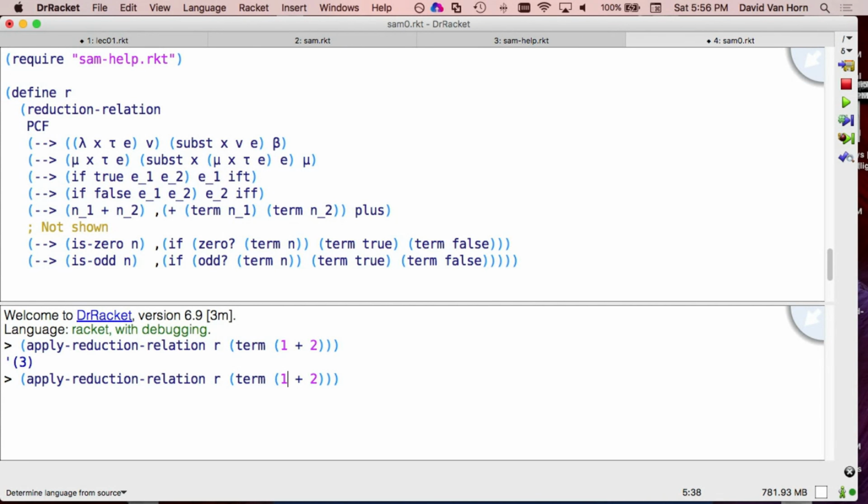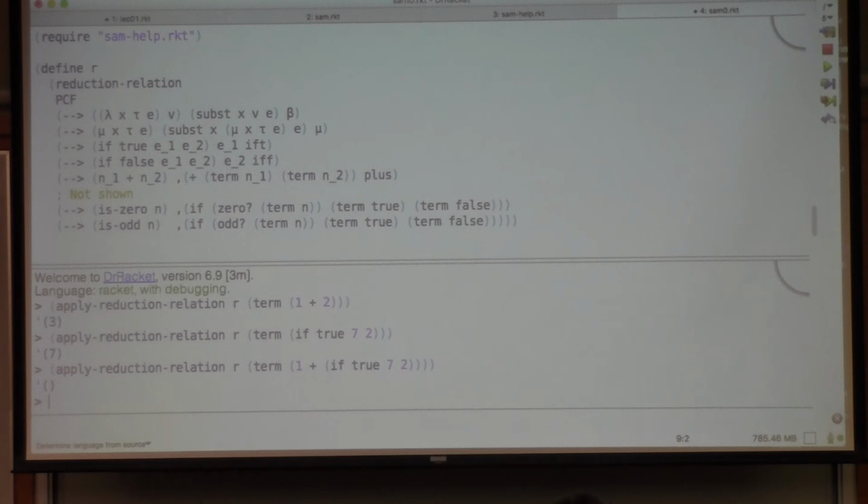Right, so if we did if true 7 and 2, in one step we get 7, and so on. But one thing to notice, what's not in this relation is something like 1 plus this stuff. That doesn't reduce to anything.